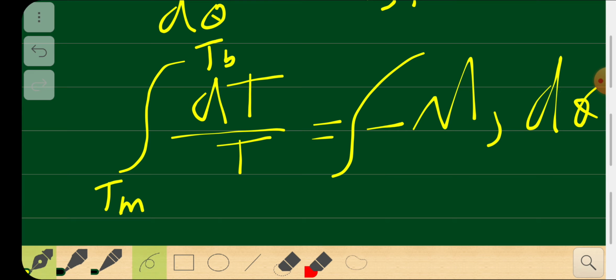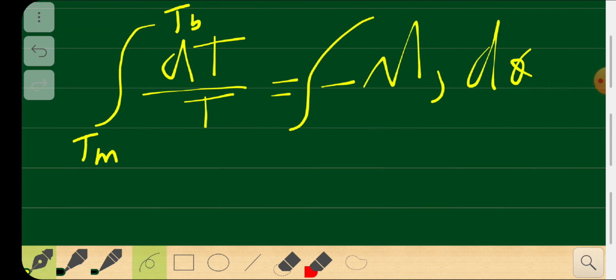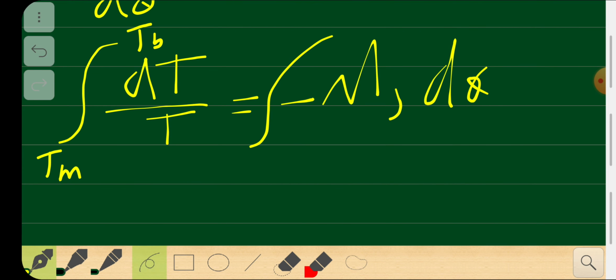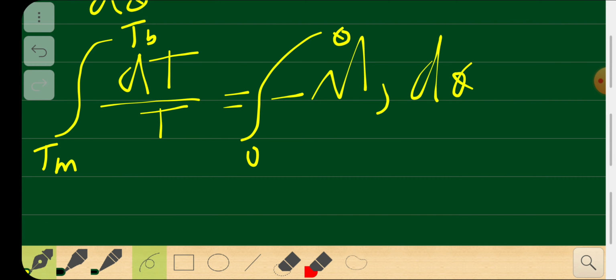So what is the whole tension change between these two masses, to when you hold the mass to the boy? That's the actual idea here. And theta ranges from 0 to some big value of theta, how much curve it goes.